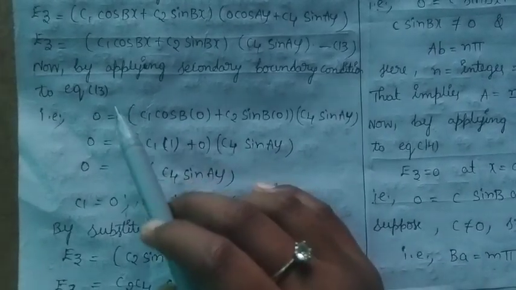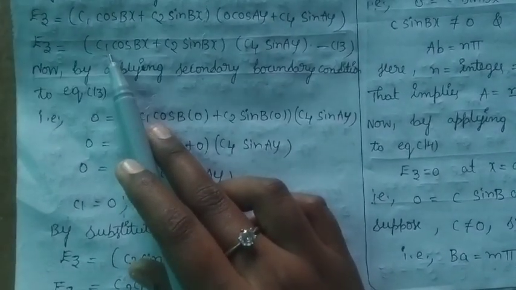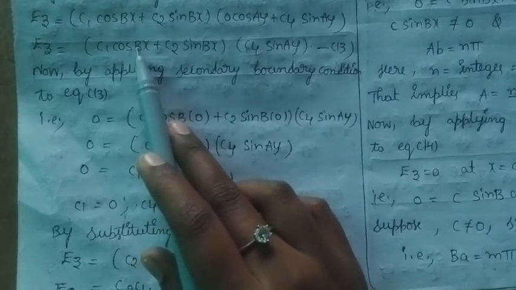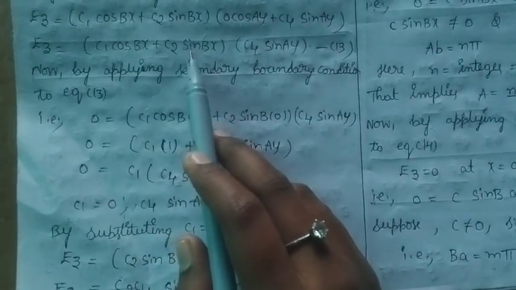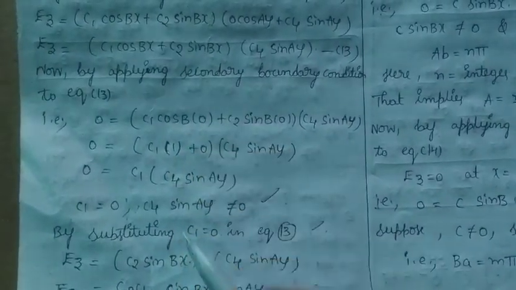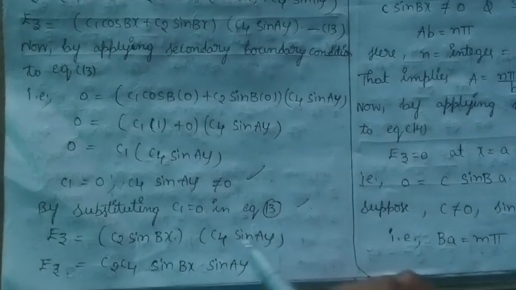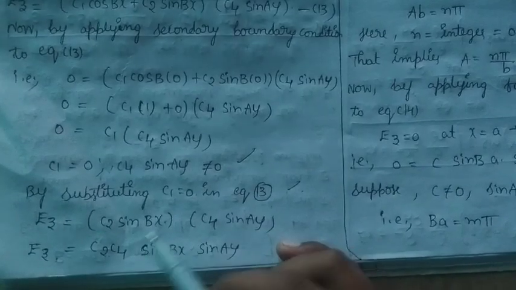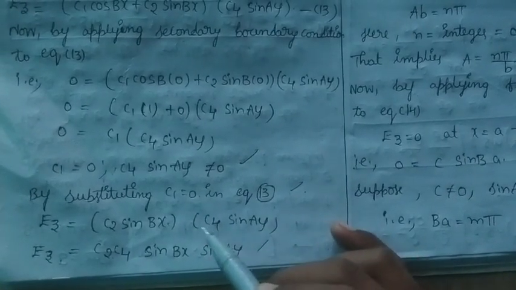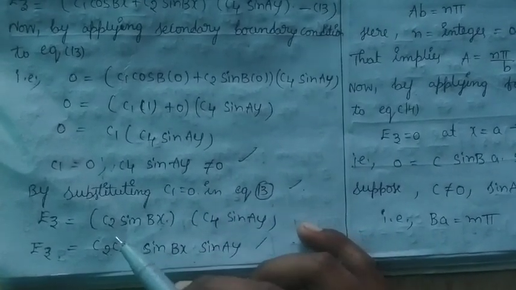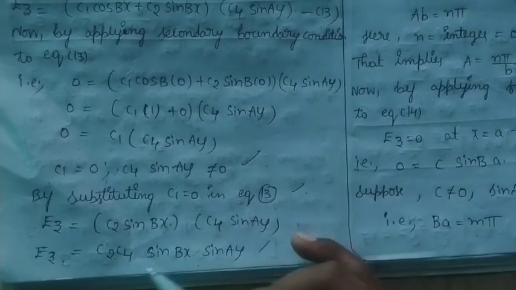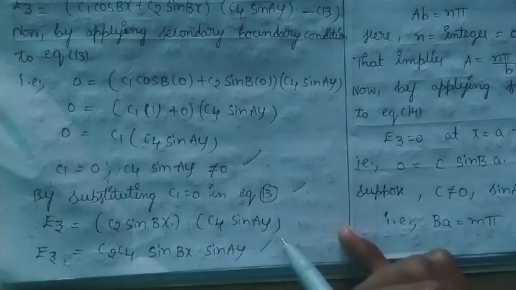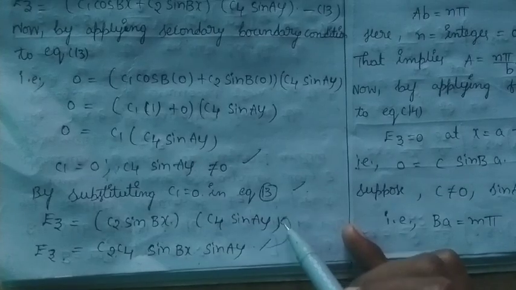Because in the place of c1 we put 0, so that total term becomes 0 and the remaining term is c2 sin bx. So Ez is equal to c2 sin bx c4 sin ay, which we can simply write as c2 c4 sin bx sin ay.